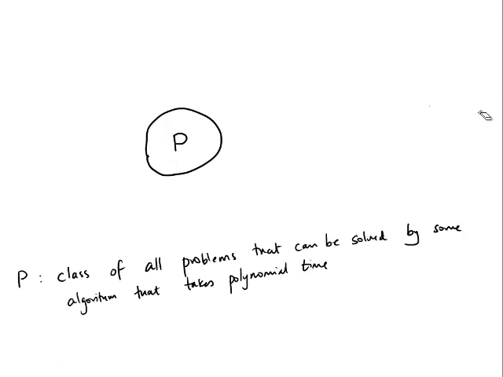So P is the class of all problems that can be solved by some algorithm that takes polynomial time. Now, one could of course ask whether there are problems that cannot be solved in polynomial time. And if you've taken a theory of computation course, you know that there are problems that are not even solvable. These are called undecidable problems, for which there are no algorithms at all, let alone polynomial time algorithms.